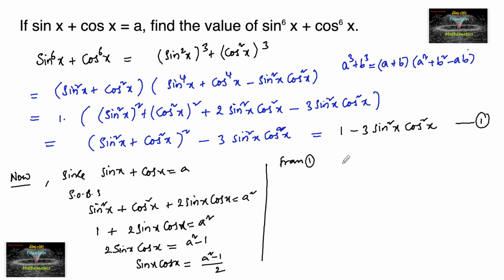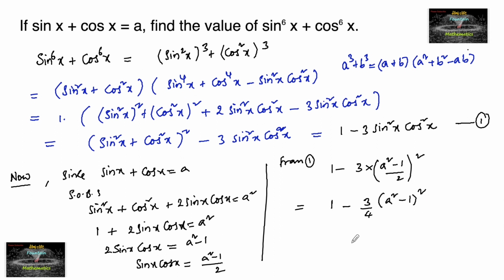So from 1 we can write 1 minus 3 times ((a square minus 1) by 2) whole square. So that is 1 minus 3 upon 4 (a square minus 1) whole square.